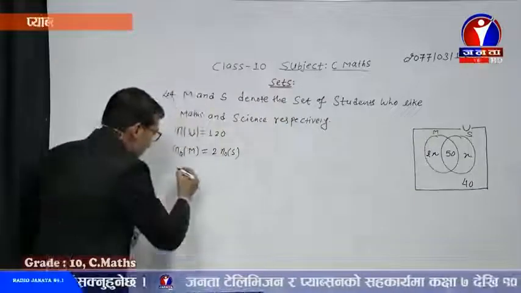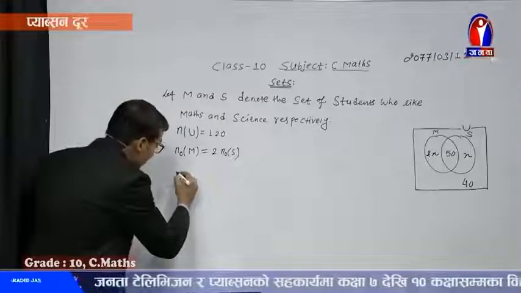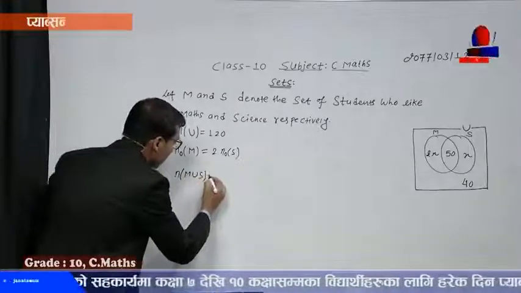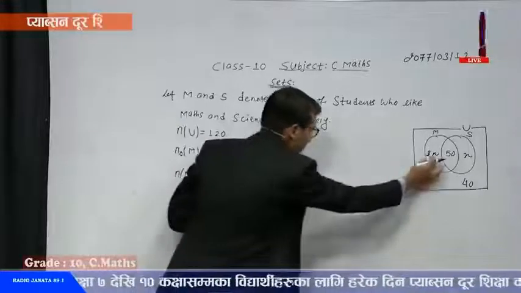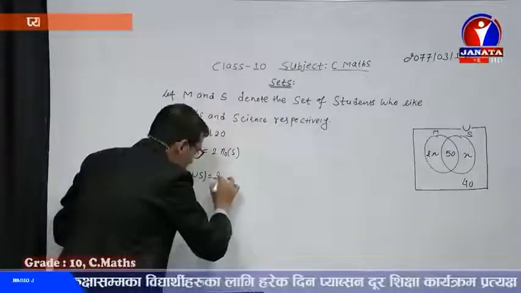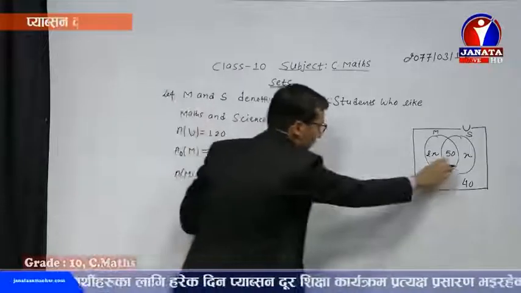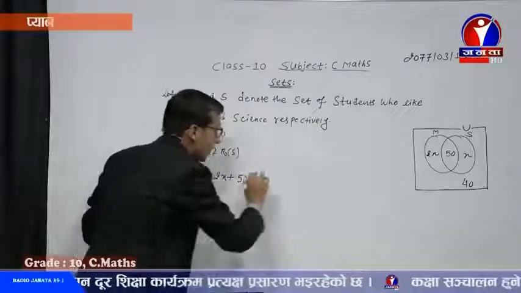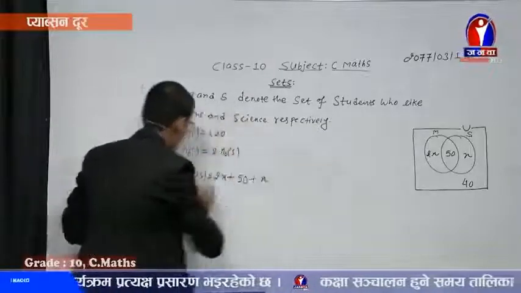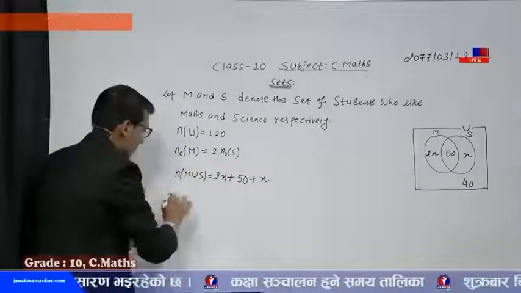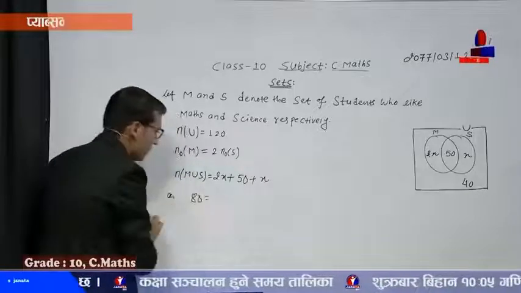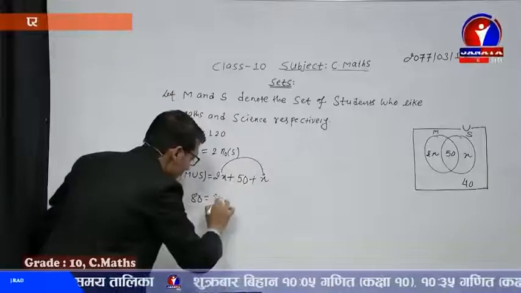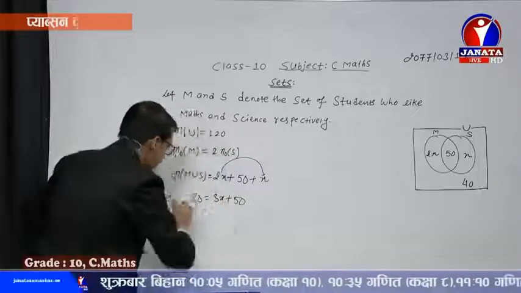Okay, so from the Venn diagram, what is n of M union S? It's n only M, which is 2x, plus intersection of two sets 50, plus what is n only S? X. So 80 is equal to 2x plus x, which is 3x, plus 50.